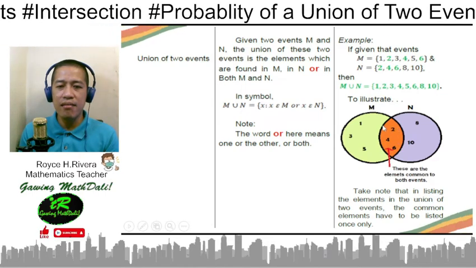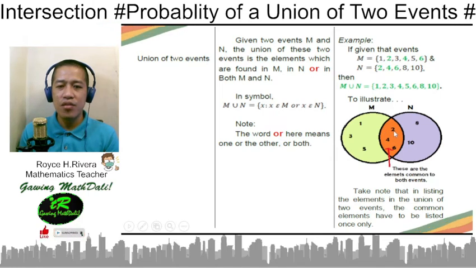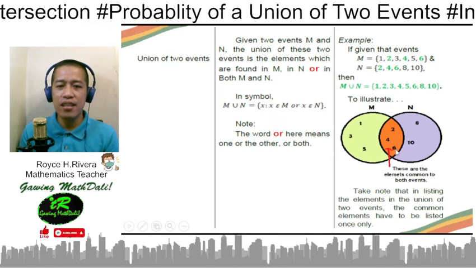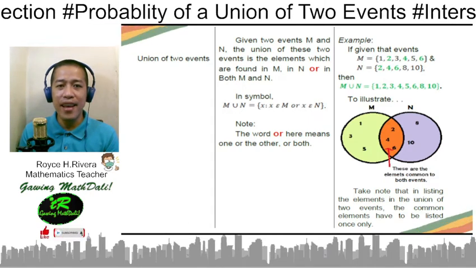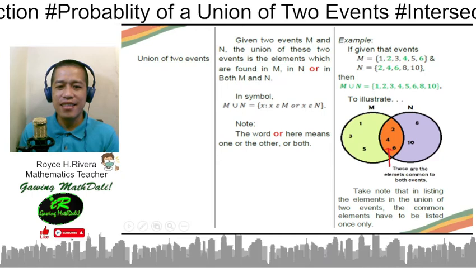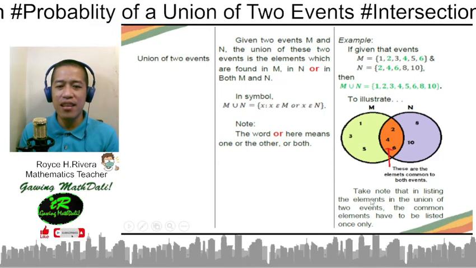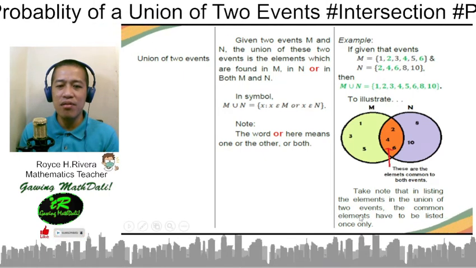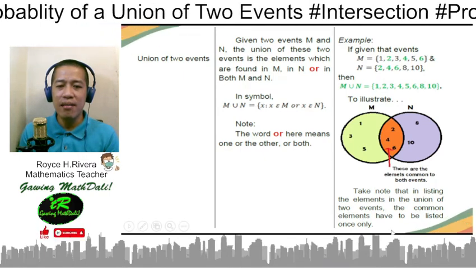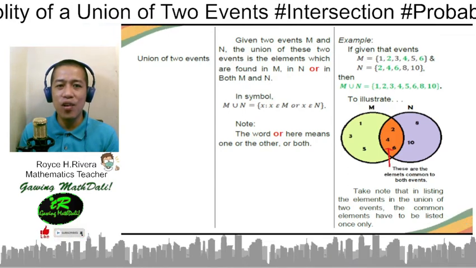These are the elements common to both events. 2, 4, 6 are common to events M and N. Again, take note that in listing the elements in the union of two events, the common elements have to be listed once only.